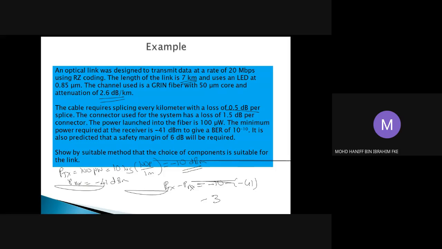So that should be a 31 dB difference between the transmit power and your receive power.